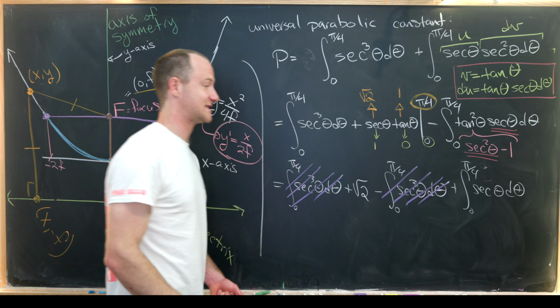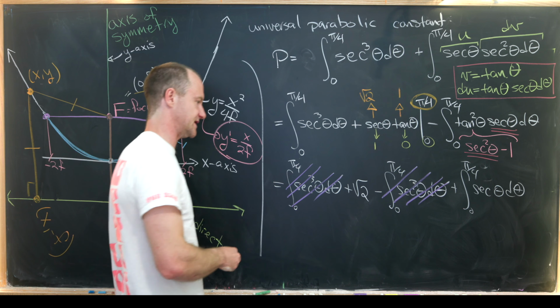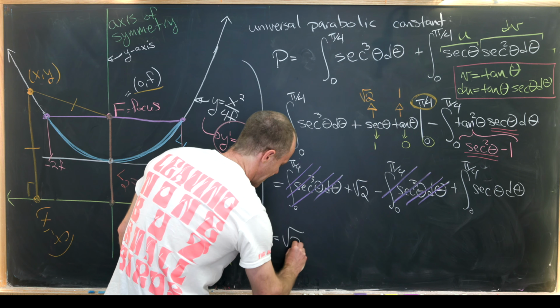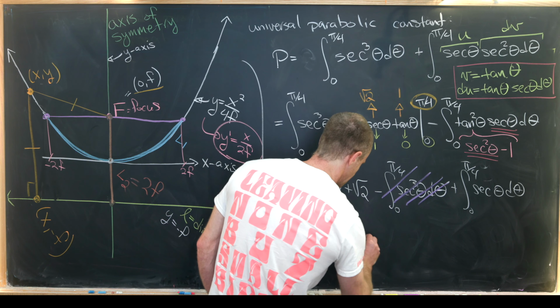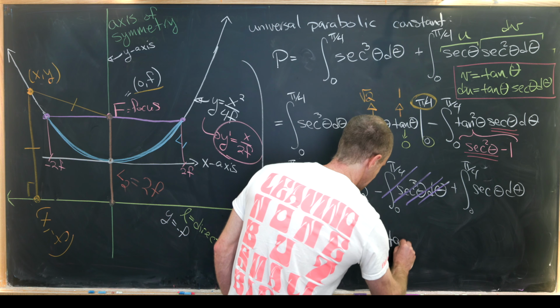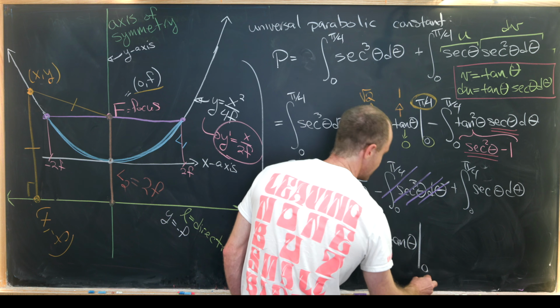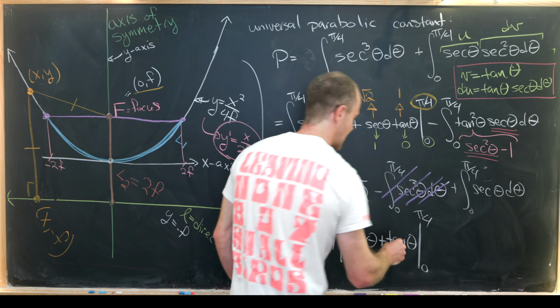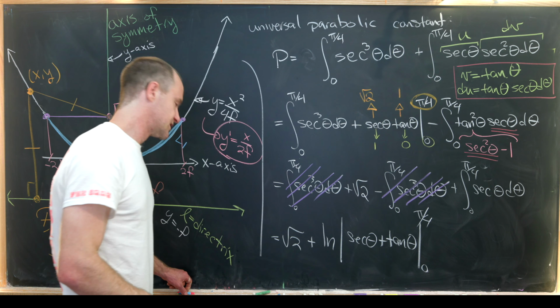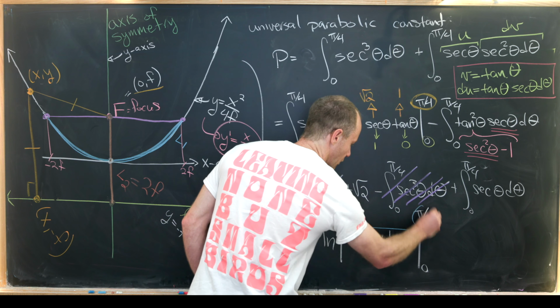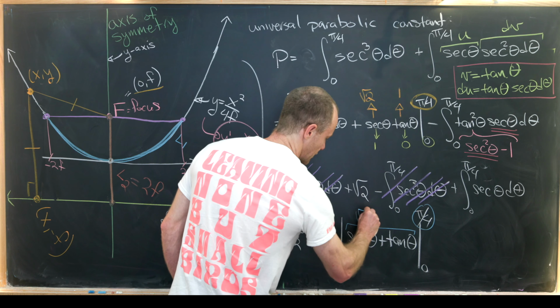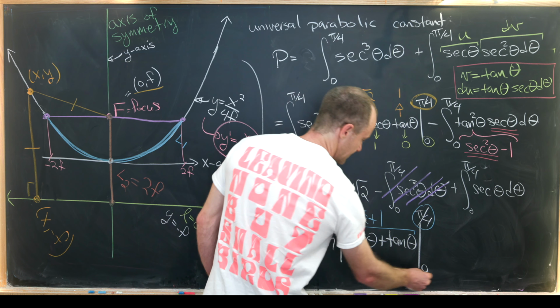And then we can use the standard antiderivative for secant. So let's recall that that is the natural log of the absolute value of secant theta plus tangent theta. We need to evaluate that from 0 to pi over 4. So just as we did before, evaluating this at pi over 4 will give us square root of 2 plus 1.